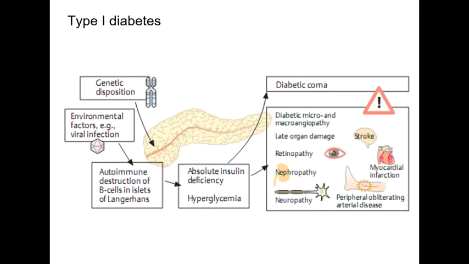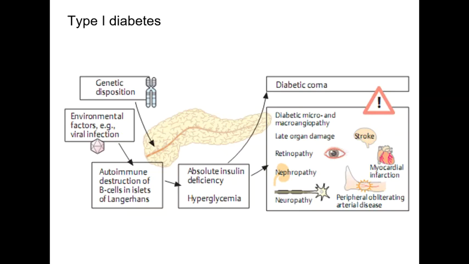Now talking about type 1 diabetes mellitus, due to genetic predisposition and environmental factors like viral infections, autoimmune destruction of beta cells in the islets of Langerhans occurs, and this leads to an absolute insulin deficiency.